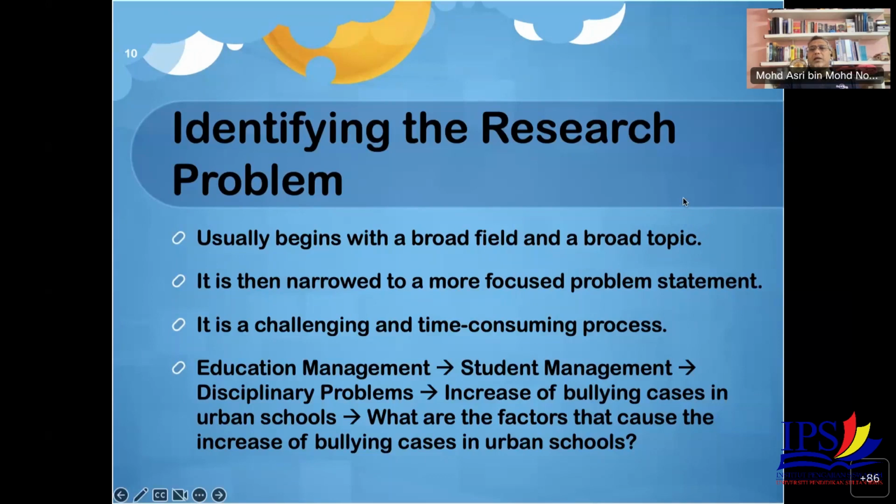So limit the focus of our discussion. For example, you want to talk about the history of leadership.